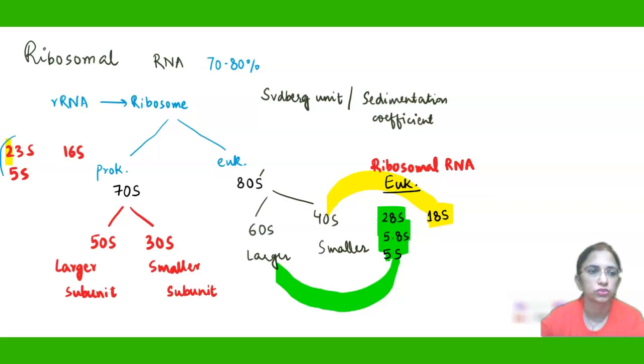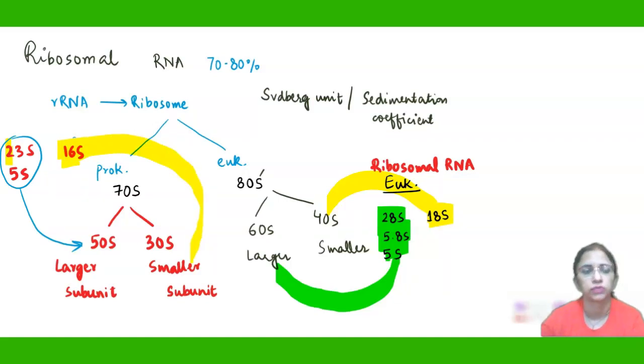These two which are written together are associated with the larger subunit, whereas the 16S is associated with the smaller subunit. This you need to learn. Okay, so we are done that ribosomal RNA could be of different types depending upon the larger subunit and the smaller subunit they are associated with.